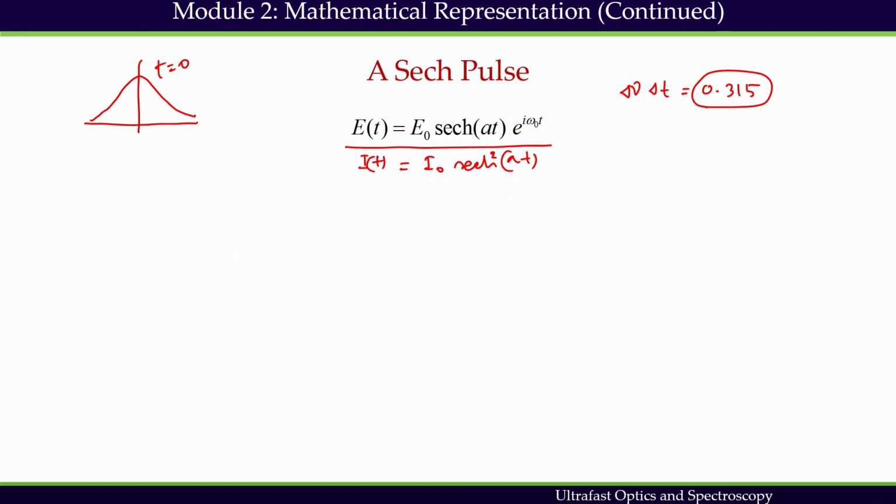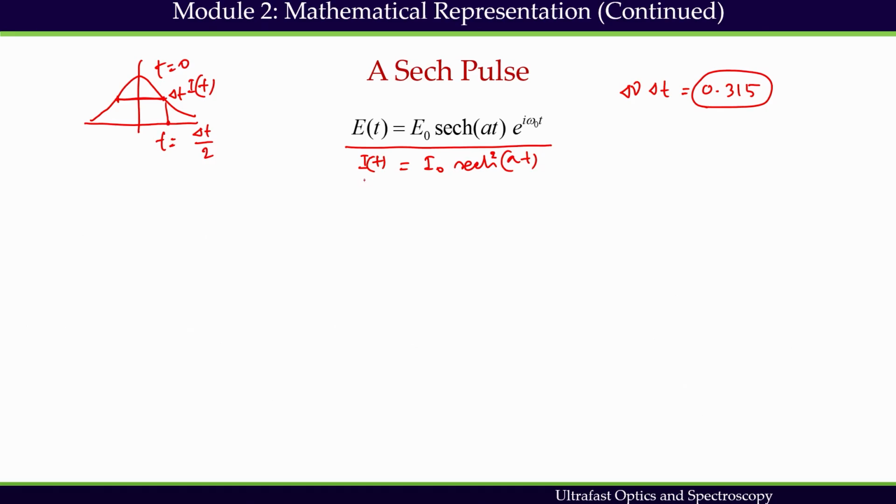And from the pulse width definition, if this is the intensity profile, then I get half of the maximum when t equals delta t by 2, because this is delta t.